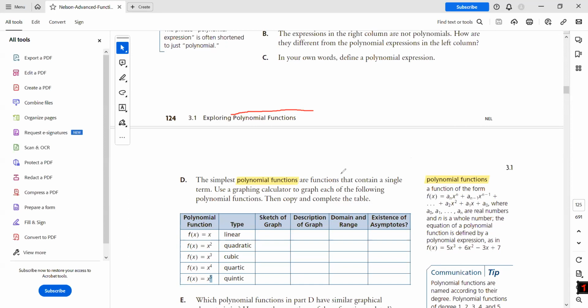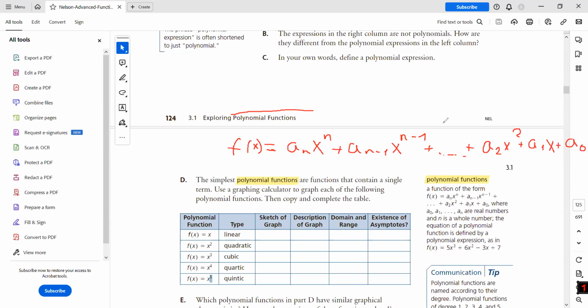So function f of x is a polynomial function that has the form a_n x^n plus a_(n-1) x^(n-1) plus a_(n-2) x^(n-2), but we're going to skip that step and go to the end of this sequence. The end of the sequence is going to be a_2 x squared plus a_1 x plus a_0.